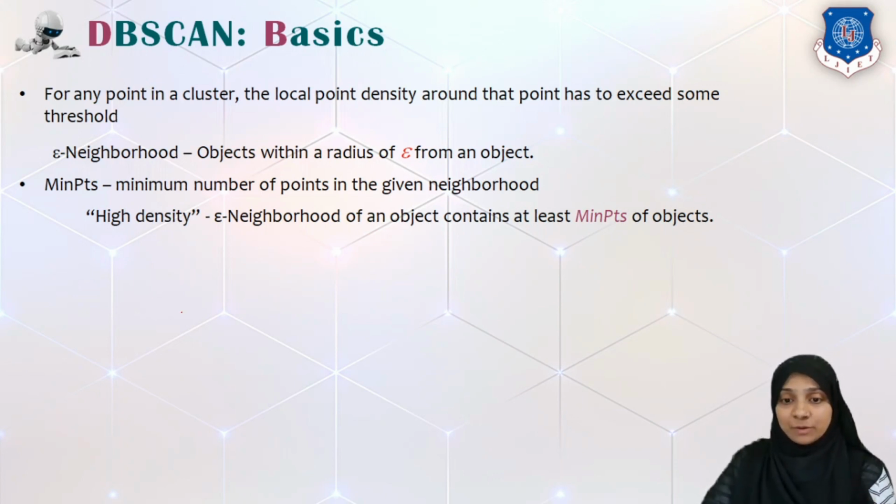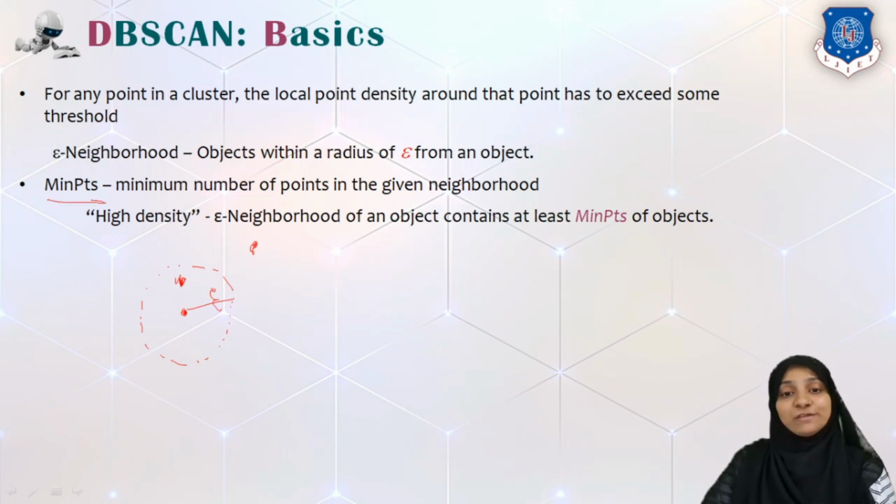For any data point, epsilon is a radius, and whatever area is covered by this epsilon is considered the density area. Any other points which fall within it are in the dense region, and any point falling outside this epsilon area is in the non-dense region.